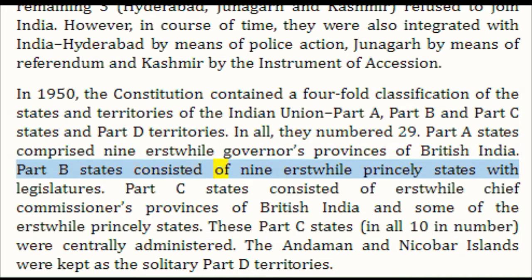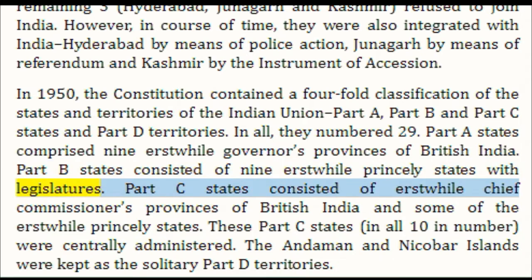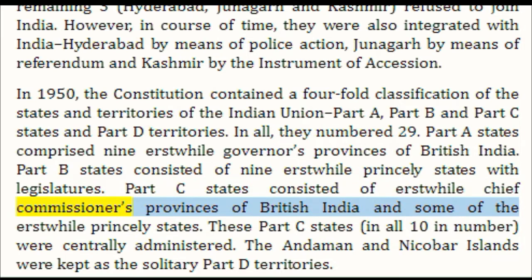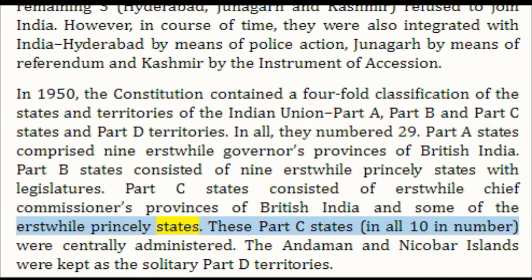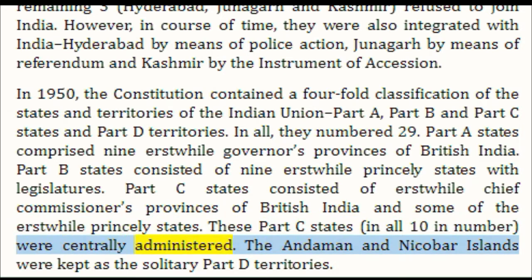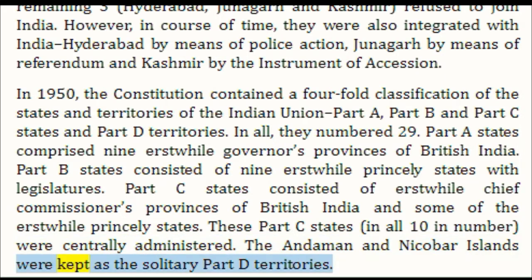Part B states consisted of 9 erstwhile princely states with legislatures. Part C states consisted of erstwhile chief commissioners' provinces of British India and some of the erstwhile princely states. These Part C states, in all 10 in number, were centrally administered. The Andaman and Nicobar Islands were kept as the solitary Part D territories.